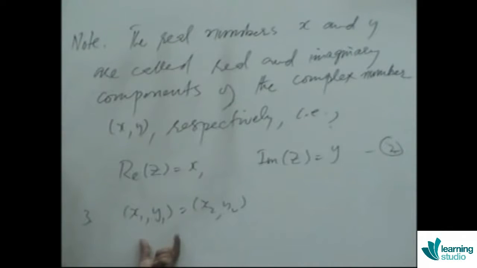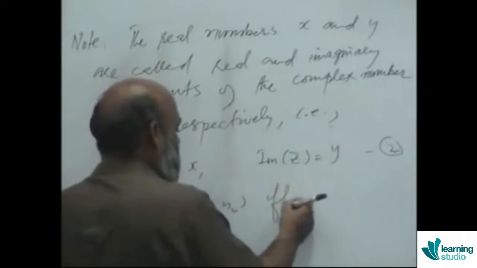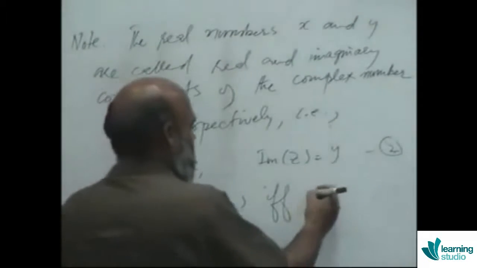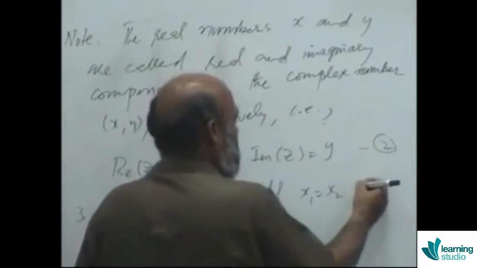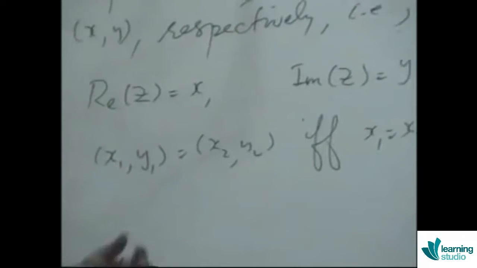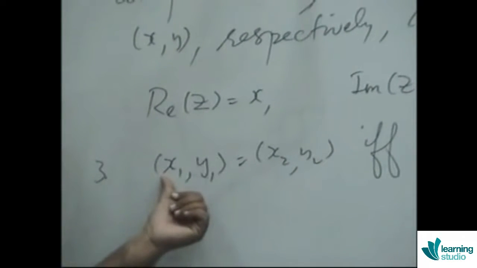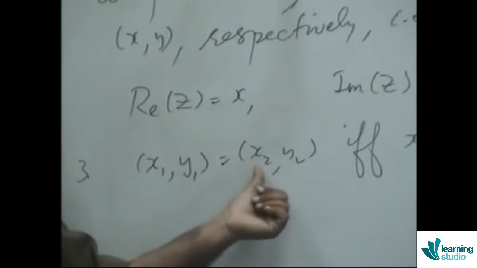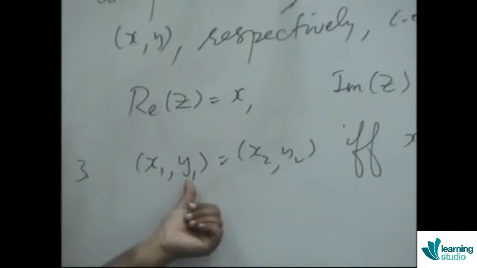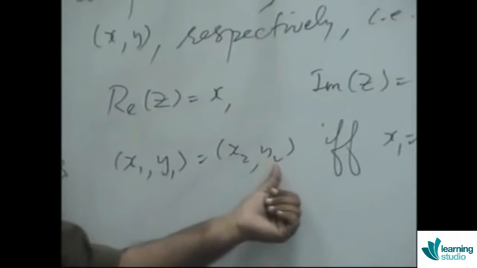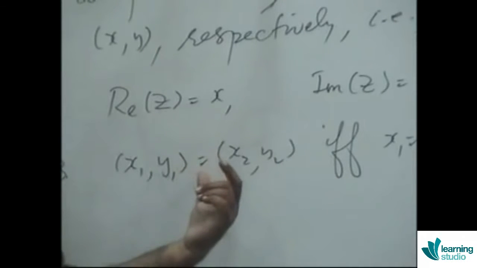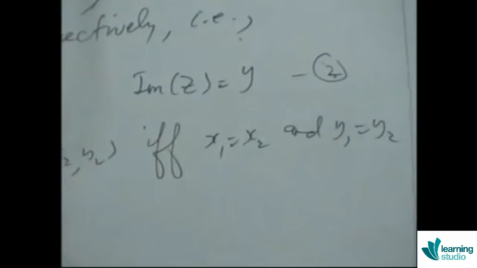This first complex number is equal to this complex number if and only if x1 is equal to x2 and y1 is equal to y2. That means the first component of this complex number should be equal to the first component of the other, and the second component should be equal to the second component, and vice versa. If this is true, then this is true.